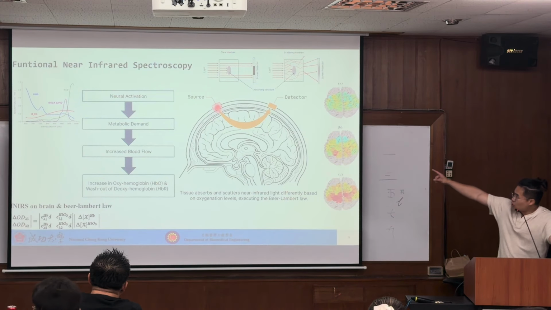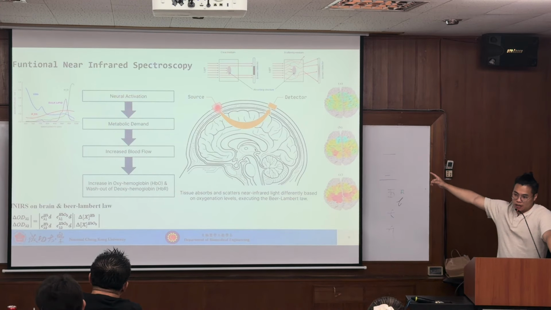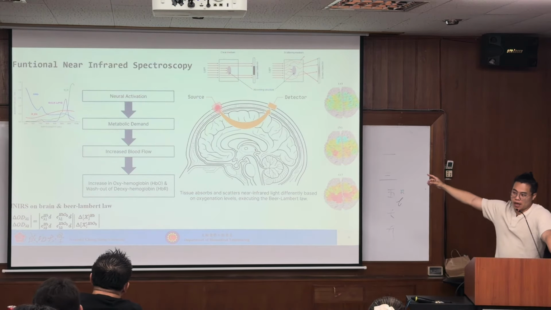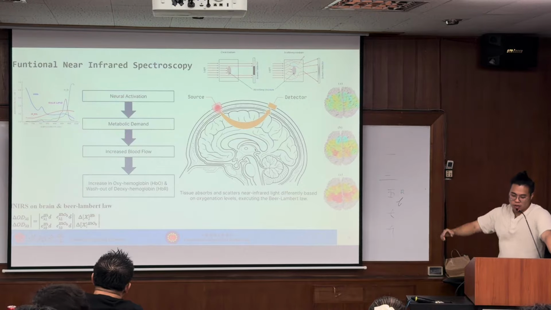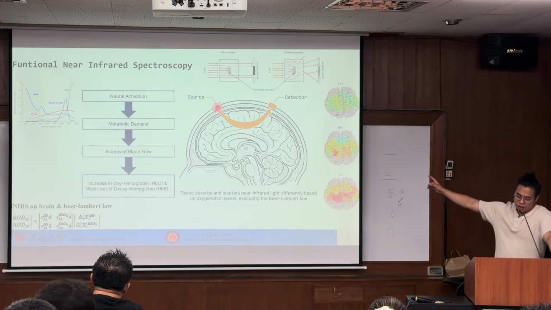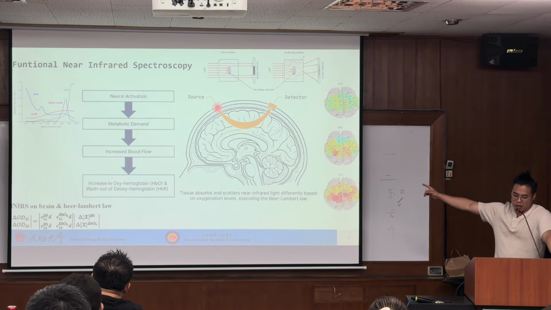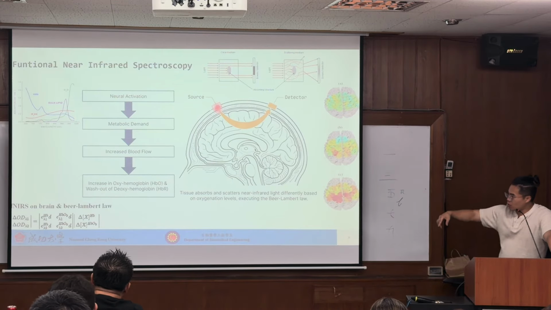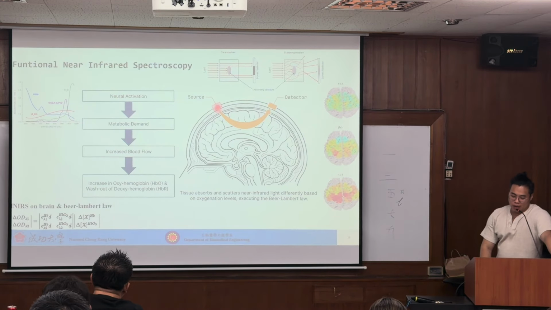We have the source, laser lighting or LED lighting, into the brain. Then we can calculate how the photons penetrate the brain, how they go through. After neural activation, there is metabolic demand, and the blood flow increases. And then in the end, we have the washout of oxyhemoglobin and deoxyhemoglobin.